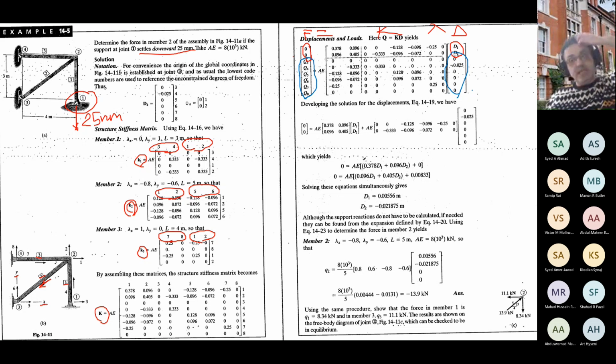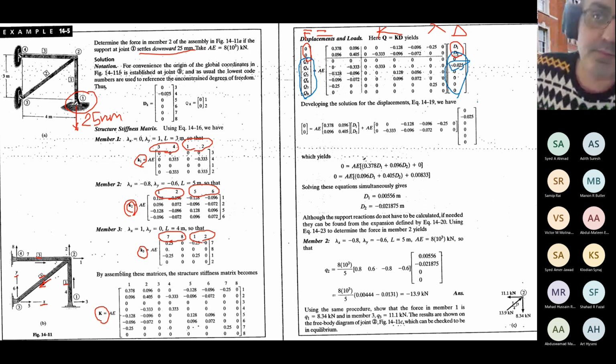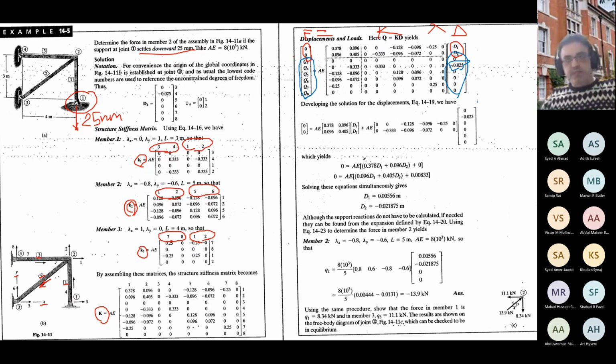On the other hand, in the delta vector these are usually all zero because they are supports. But in this case, all of them are zero except this one, which is 0.025 meter. We just transform 25 millimeter to meter to be consistent with the AE and L that we are using in the problem.